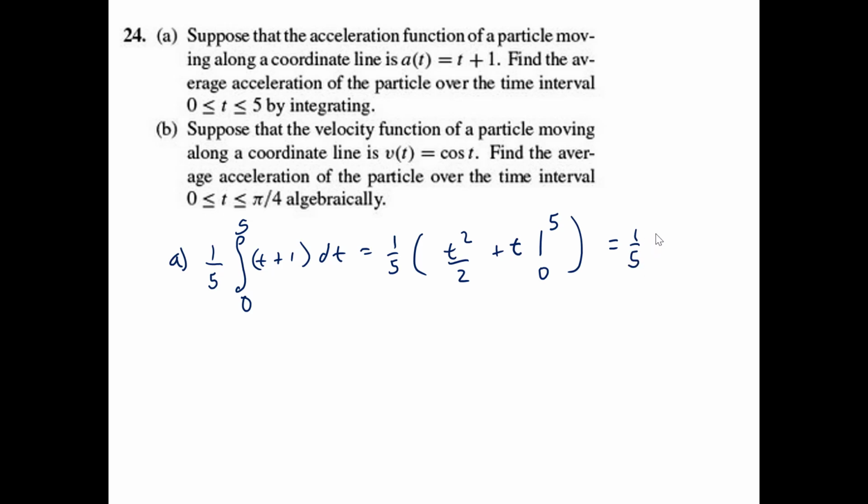When you put in 0, you get 0, and when you put in 5, you get 25 over 2 plus 5. So 25 over 2 plus 5 divided by 5, math, 1, 7/2.